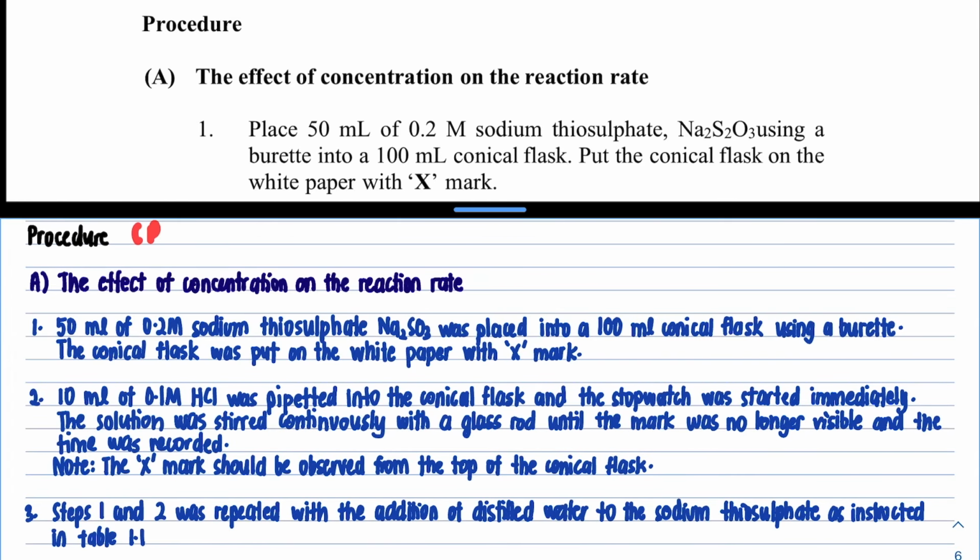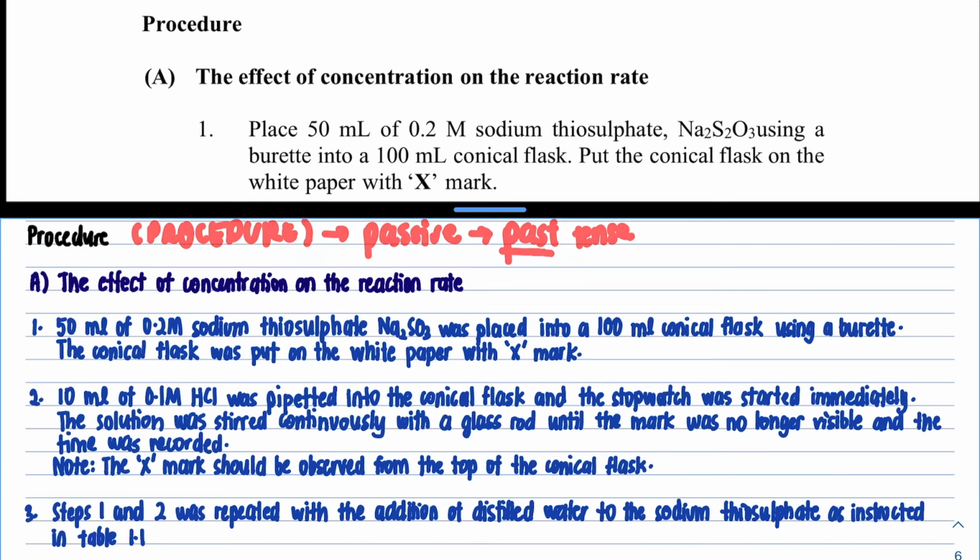The procedure again must depend on the procedure of your lab manual, but for the lab report itself, you have to change it into passive sentences. Make sure the passive sentences are in past tense, because actually you have done the experiment, so that's why we have to change it into past tense.